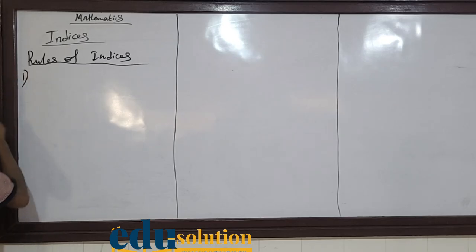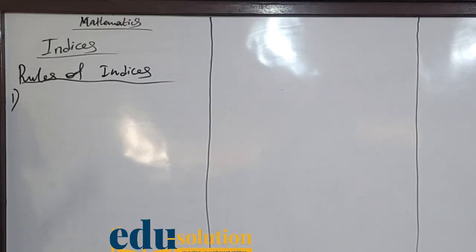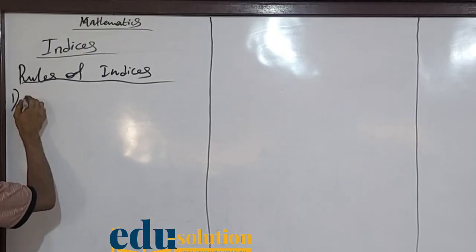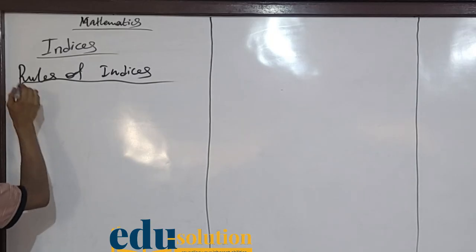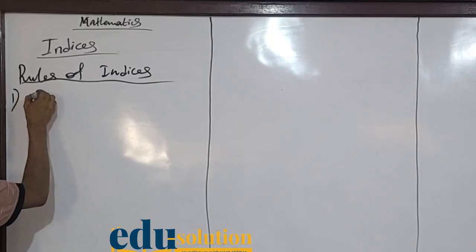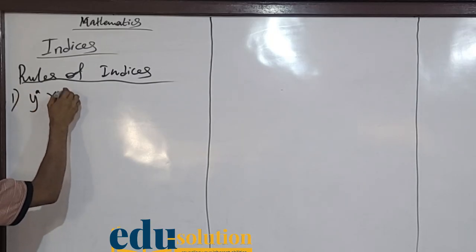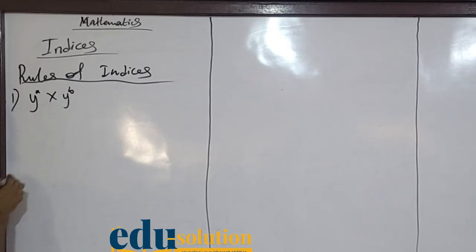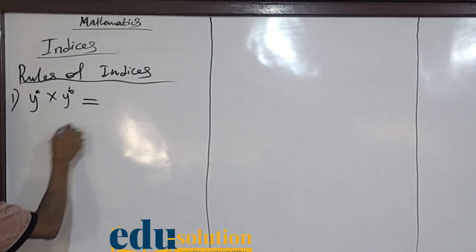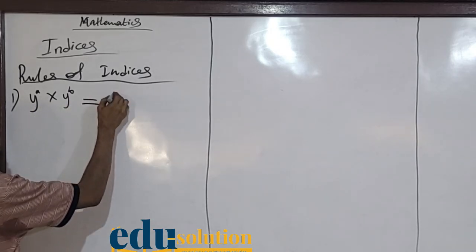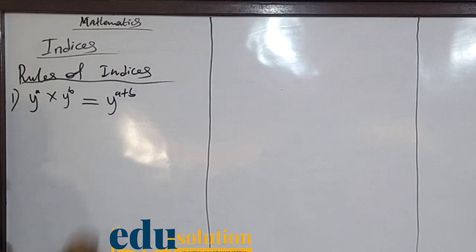Let's say we have a variable y raised to the power of a times another variable y raised to the power of b. The rule says that we'll pick one of them, and we'll have y raised to the power a plus b.